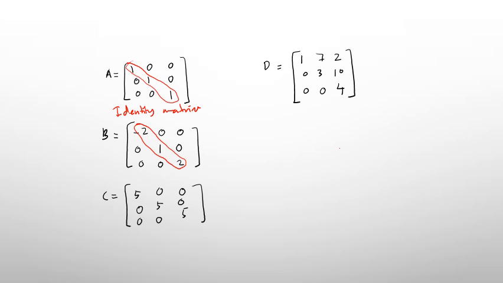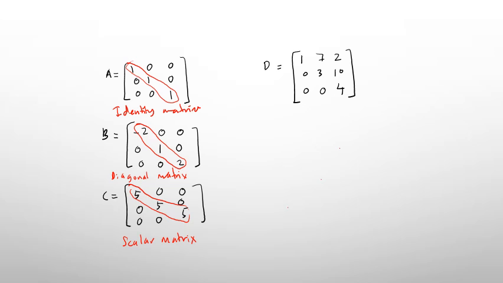Is it a scalar matrix or a diagonal matrix? It's just a diagonal matrix. How about C? It's a diagonal matrix. Is it a scalar matrix? Yes, because all elements on the diagonal are equal to the same number, which is 5. So this is called a scalar matrix.